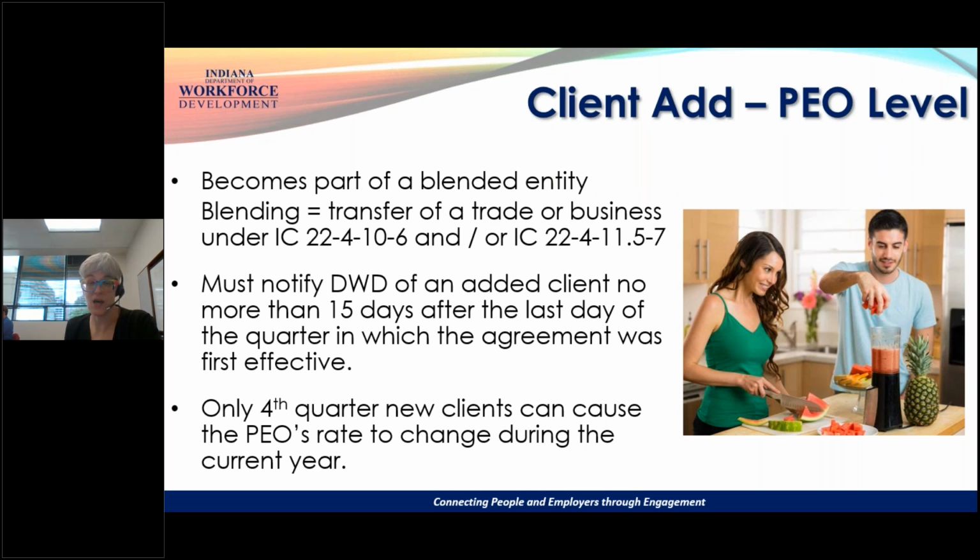And the PEO will owe all of the contribution plus interest plus penalty in the event that adding that client causes the rate to recalculate to a higher amount. It is always in the best interest of a PEO level PEO to promptly notify the agency when they have added a client.